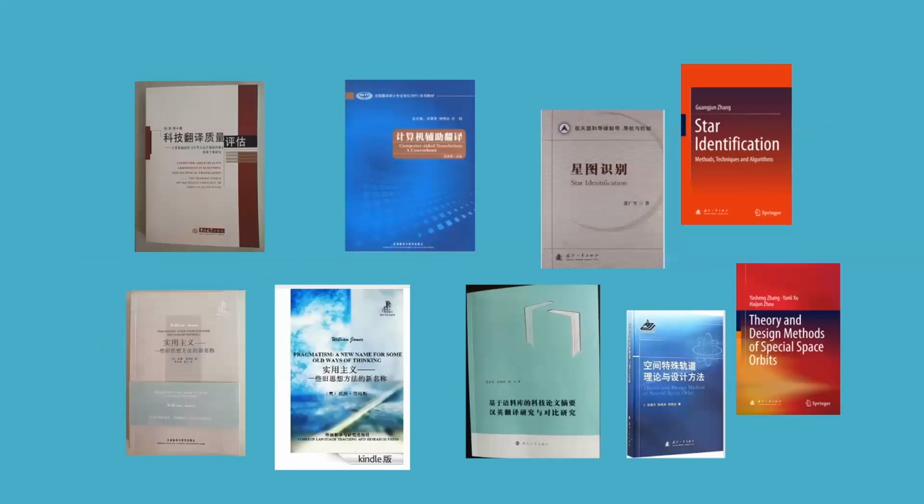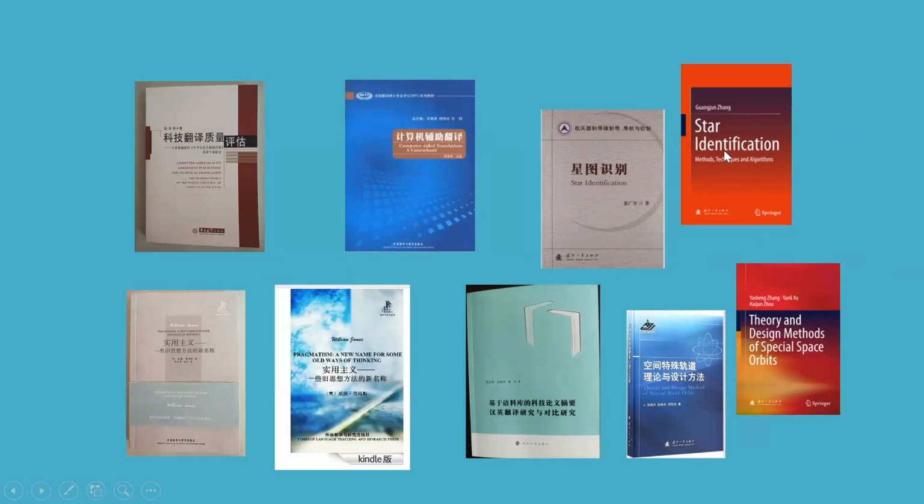Okay. I have published several books, and I have done some translation. This is a big translation project, and this is also a big translation project. Translation of this Chinese scientific monograph, and this is another scientific monograph related to space science, and this is also related to space science.